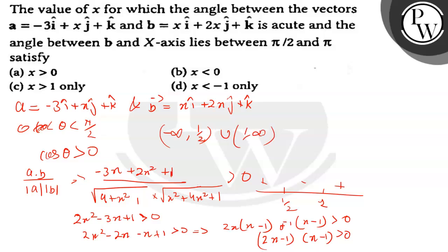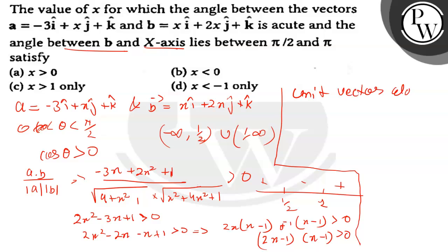Okay. Now the second condition is about the angle between b and the x axis. This is only the first condition. Now it is given that the angle between b vector and x axis lies between pi by 2 and pi. So the unit vector along x axis is i cap.